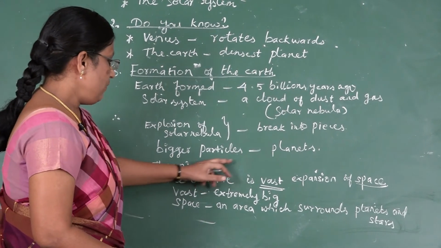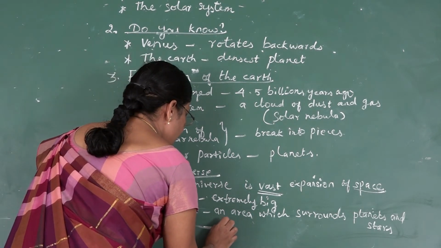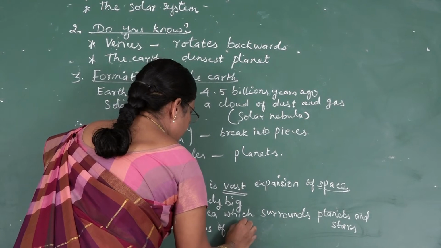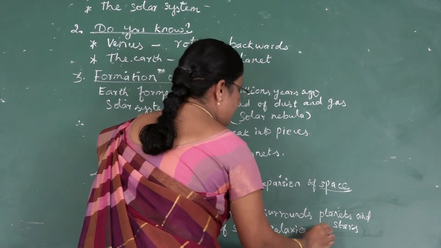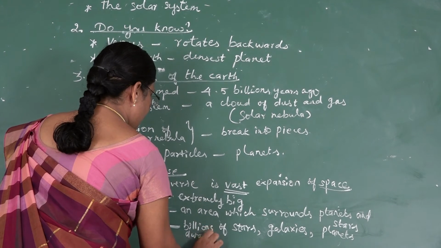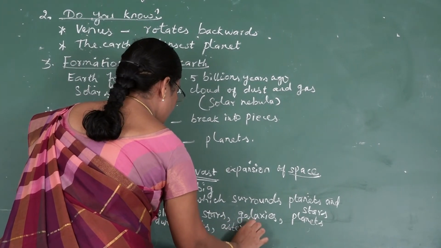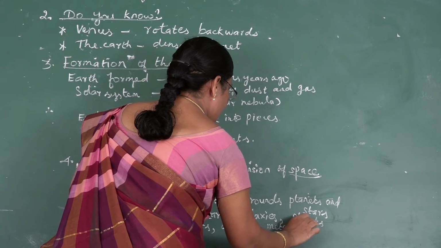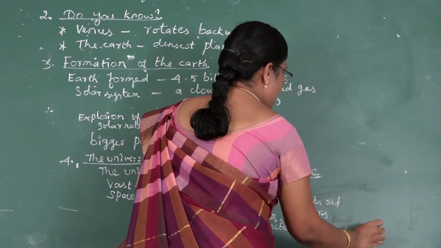So the universe, what does the universe consist of? The universe consists of millions of stars, the galaxies, planets, dwarf planets, asteroids, meteoroids, comets, and the natural satellites.